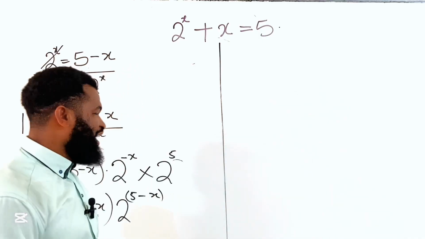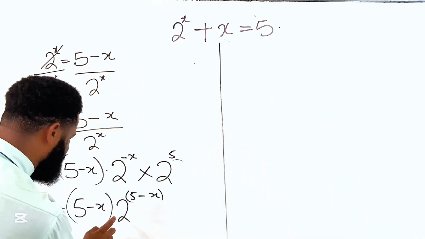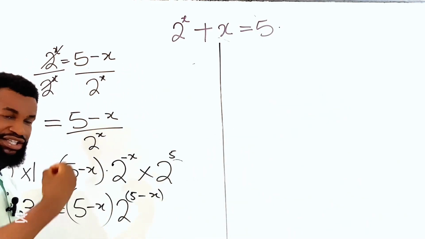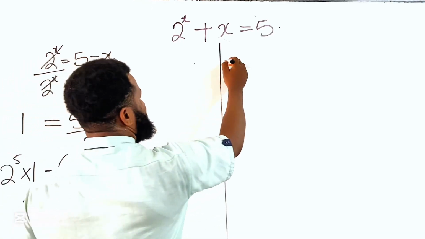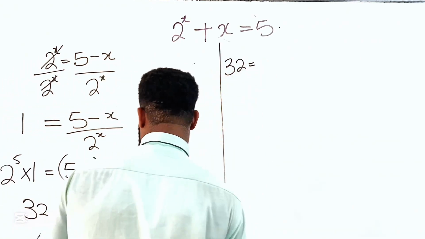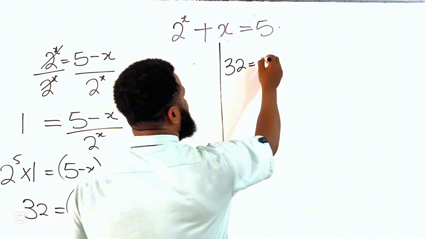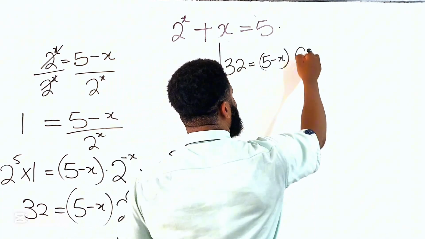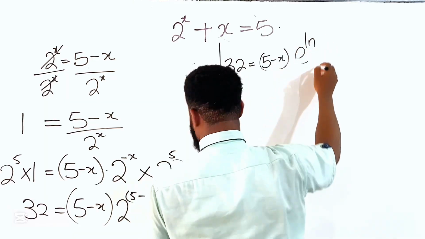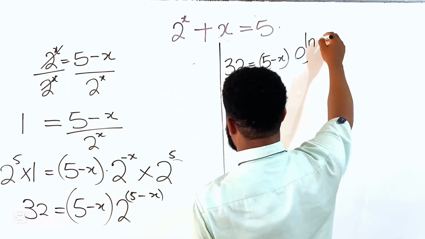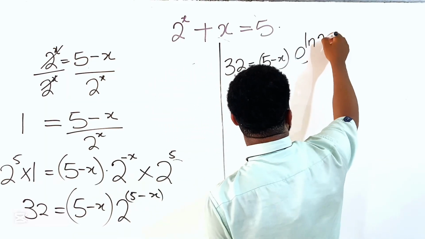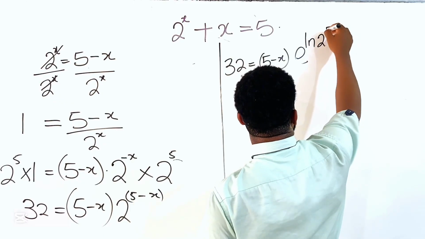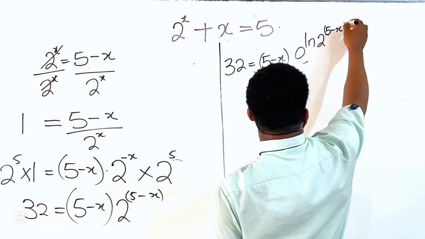It's very interesting, actually. So I'm going to do something to this to bring in e. I'm going to say that 32 is equal to, remember what I told you about this, this is going to be 5 minus x, then e ln 2 raised to the power 5 minus x.